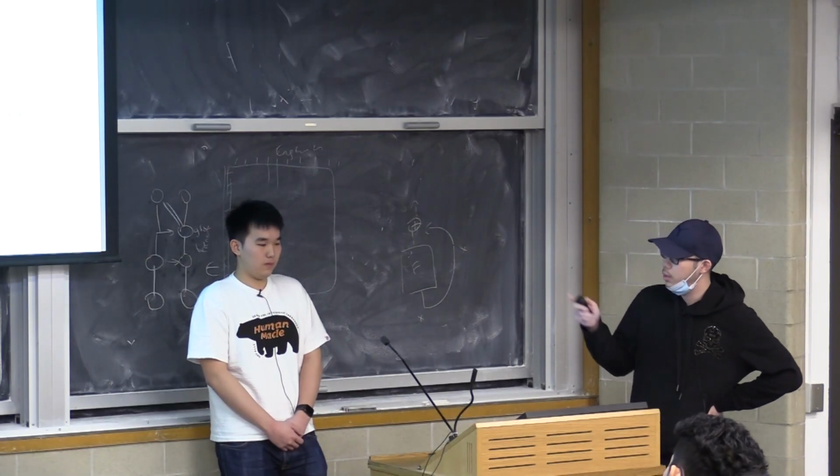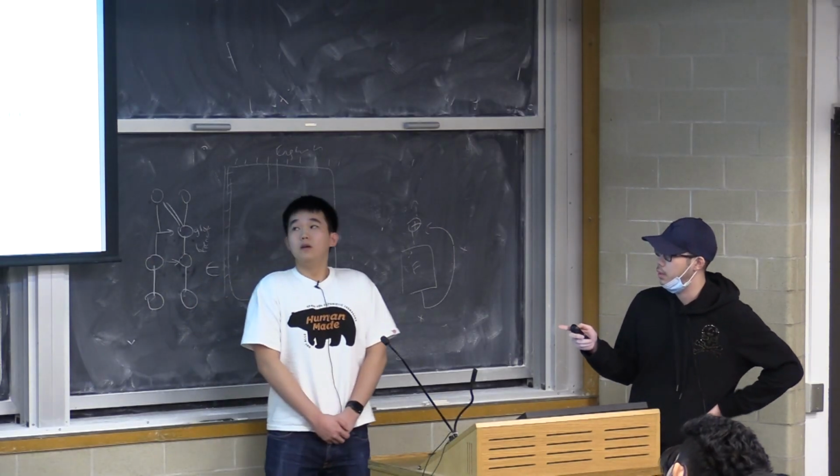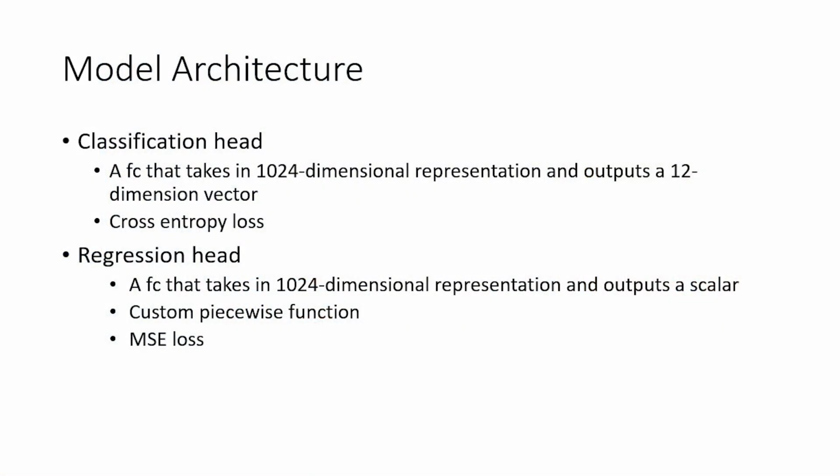So why do we experiment with 2 different heads? The classification head is pretty straightforward. It's a fully connected layer that takes in the representation and outputs a 12-dimensional vector, which is passed into a softmax and cross-entropy loss. However, we wanted to update our model parameters more if the model's prediction is way off the label, so we wanted to experiment with something like L1 loss or MSE loss.